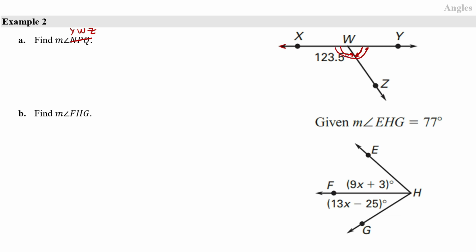And if you notice, the whole angle is a straight line, and all straight lines are going to be straight angles, which measure 180 degrees. So according to the angle addition postulate, once again, we can say 123.5, which is the left angle, plus angle YWZ, which is this right angle on the right side, will equal the whole angle, which we said was 180.